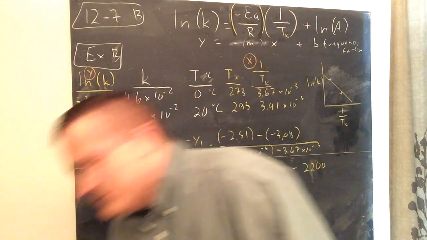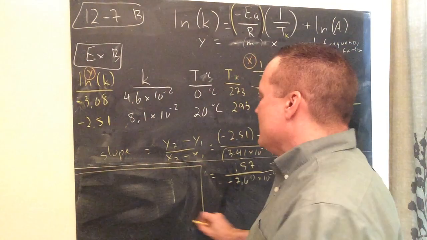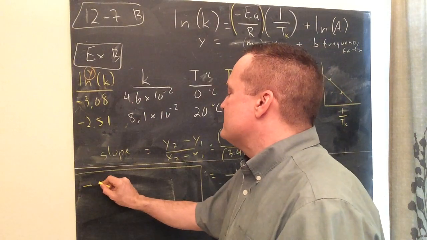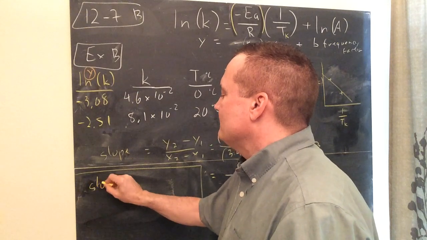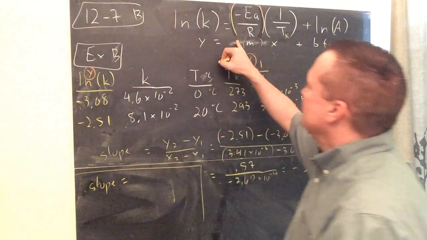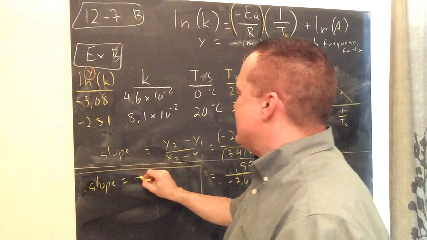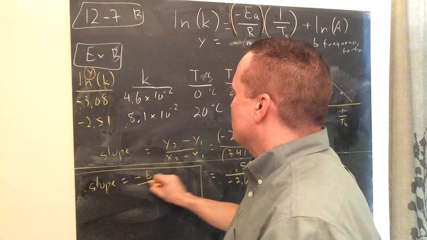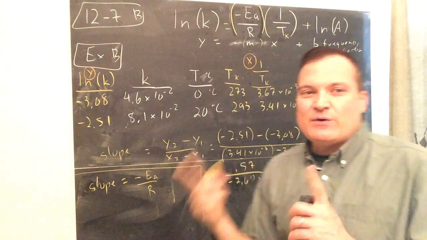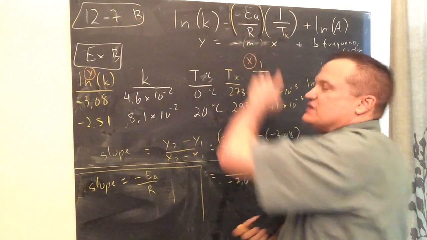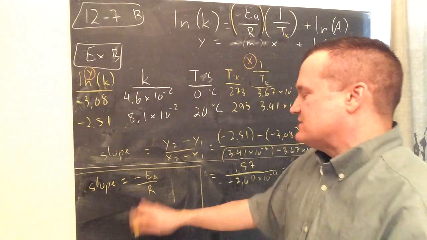So then what you do, and I guess I can fit it over here, is this: slope is equal to negative EA over R. Since the slope is negative, it's kind of like when you did K, the activation energy is always positive. I told you that in another video, so you just have to make sure it ends up being positive when you do your math.